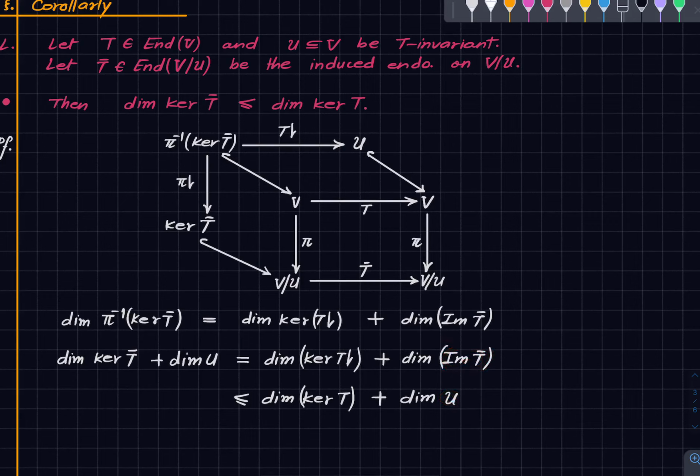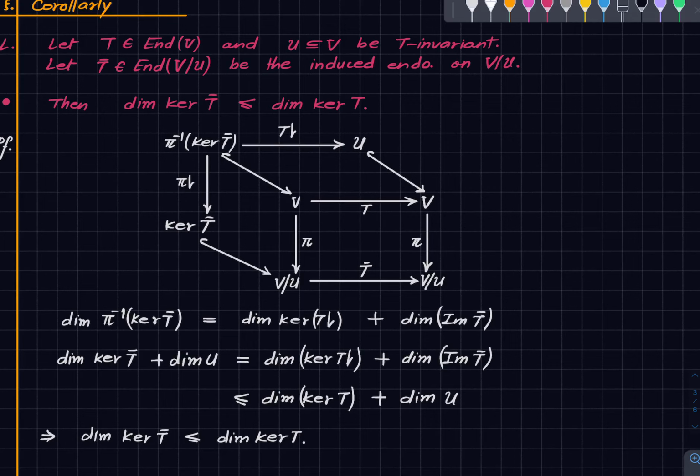If you just cancel out dimension U from both sides, you get the desired result. So that's it. That is a proof of this fact. Certainly you can write other proofs. You don't need to necessarily do this only. There are other proofs, but I find this very, very elegant.